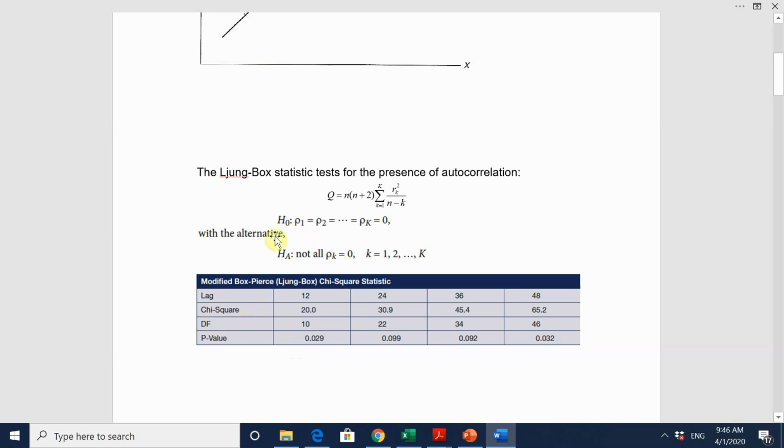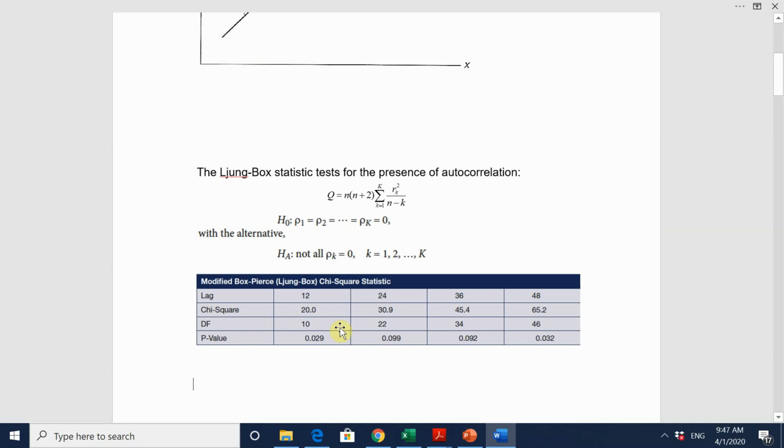So let's not forget again that the Q statistic measures over several time lags, right? The first set is the first 12 time lags, in which case I am getting my Q statistic of 20 over the first 12 time lags, and a p-value that is in fact inferior to the level of significance of 0.05. What does this mean? It means that my first 12 time lags are autocorrelated.